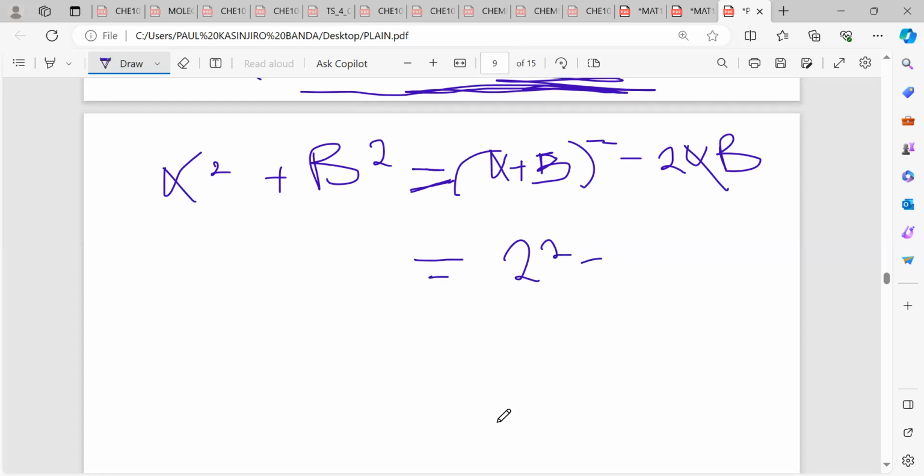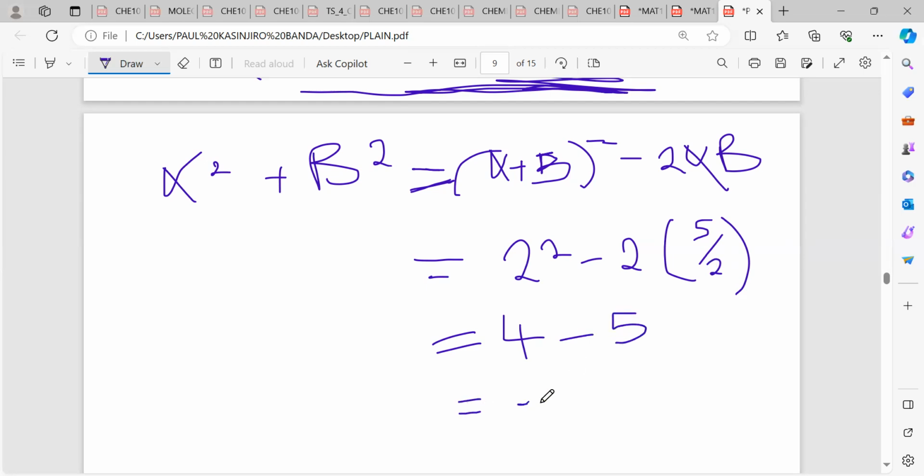Then here you have 2, then you have 5 over 2, like that. Then here, what are we going to have? We are going to have 4. This 2 will cancel with that 2, then minus 5. So it means our answer here is just negative 1.